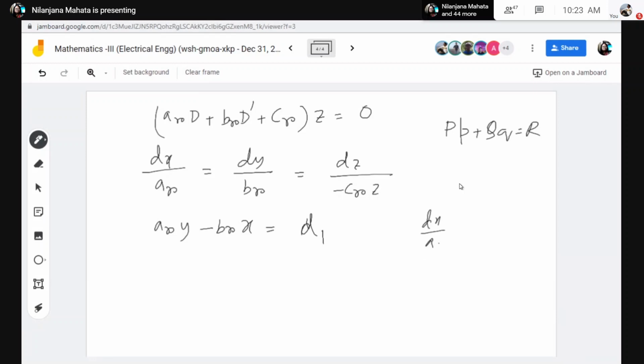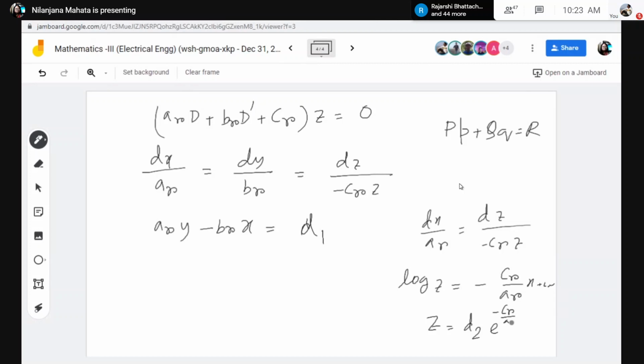dx by a_r is equal to dz by minus c_r z. So log z is equal to minus c_r by a_r x plus a constant term. So I can write z is equal to some constant D2 e to the power minus c_r by a_r x, provided a_r is not equal to 0.